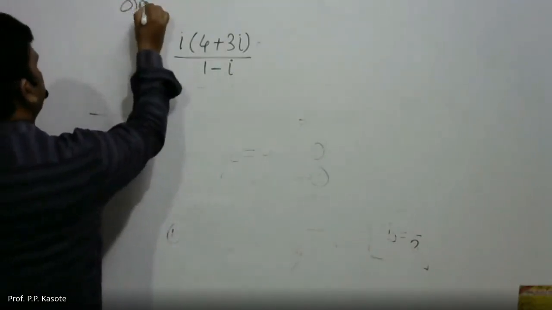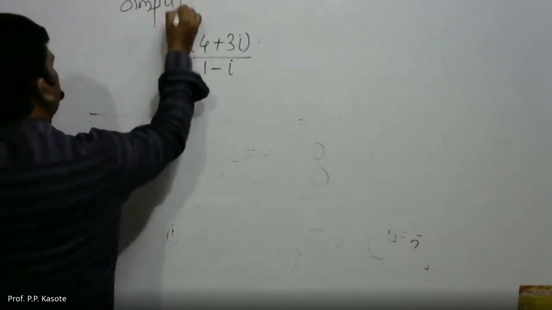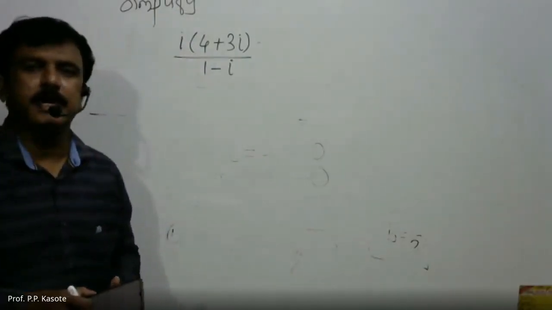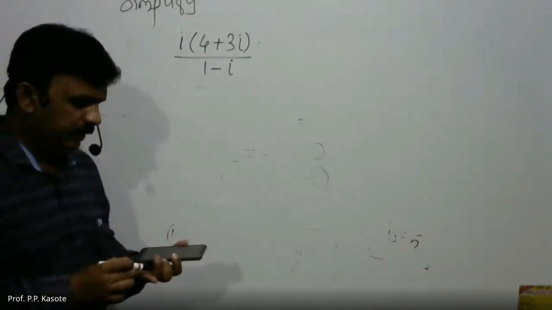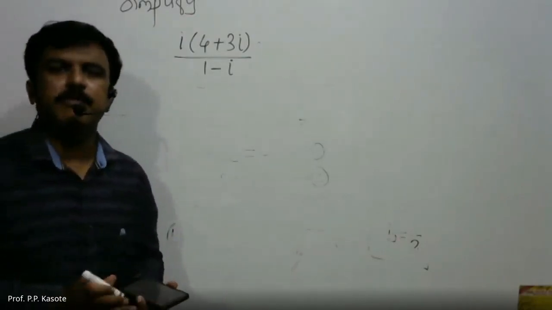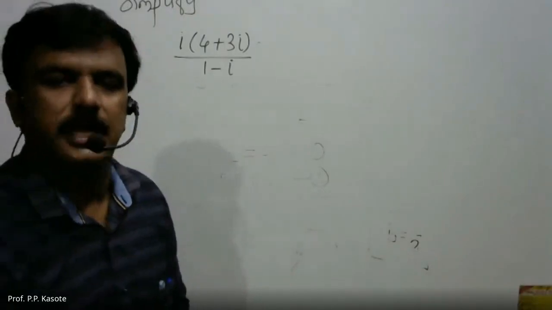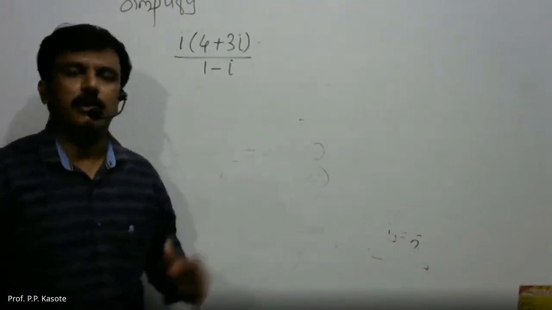The question is simplify. Simplify i into 4 plus 3i divided by 1 minus i. We are asked to simplify this. It means that the final answer should be in the form of a plus ib. The final answer should be a complex number.